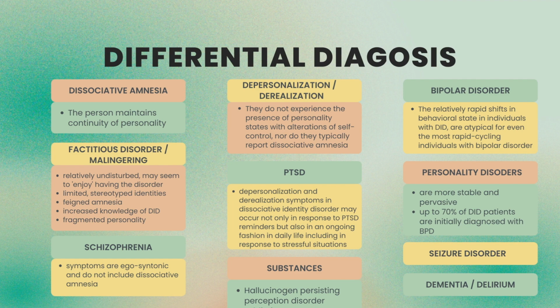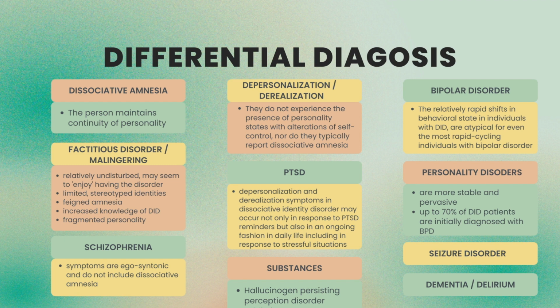They may alternate from valuation to devaluation, but it is a relatively cohesive package and there's not much deep, non-trauma-related depersonalization or derealization. It was interesting, one article I found said up to 70% of dissociative identity disorder patients are initially diagnosed with borderline personality disorder.